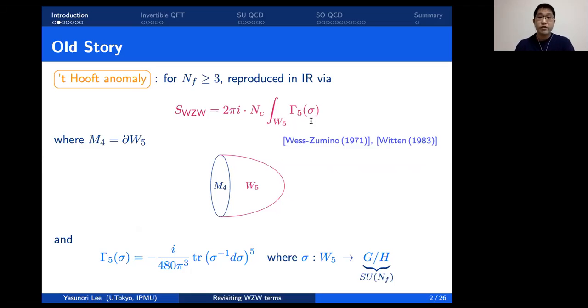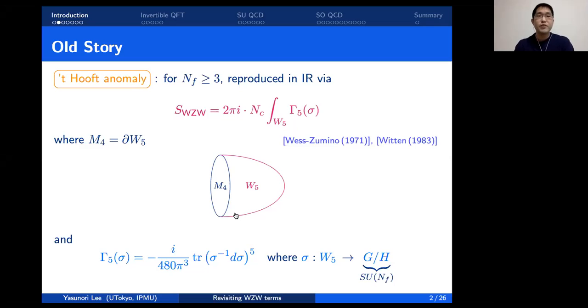And the integrand, gamma 5 of sigma, has the following form, where sigma is a map from the auxiliary W5 to the sigma model target space G over H, which is SU(N_f) in this case. So this sigma is namely the Nambu-Goldstone bosons suitably extended from spacetime M4 to the auxiliary W5. So this is the definition of the Wess-Zumino-Witten term.